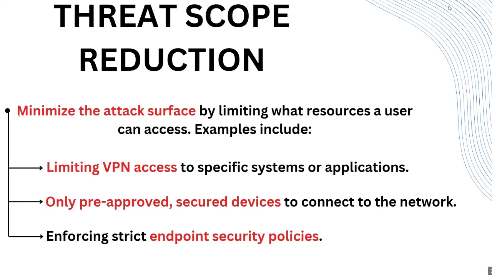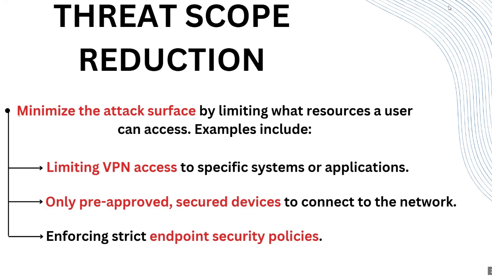We do not have the freedom to connect to anything that we want to connect to, right? So this is what we mean by minimizing the attack surface. We limit what resources a user can access, right?